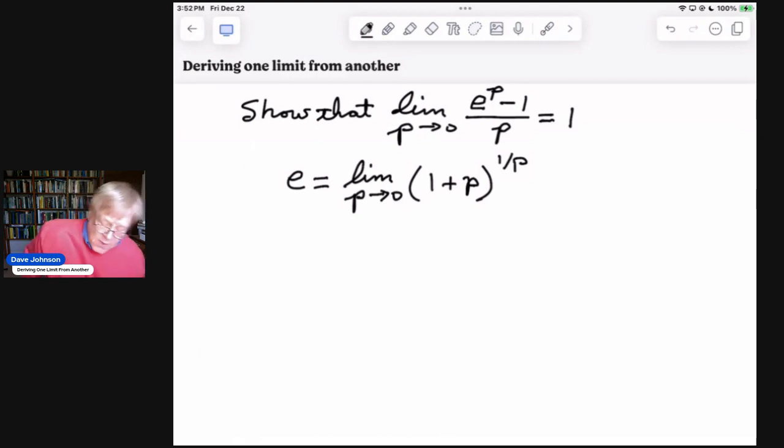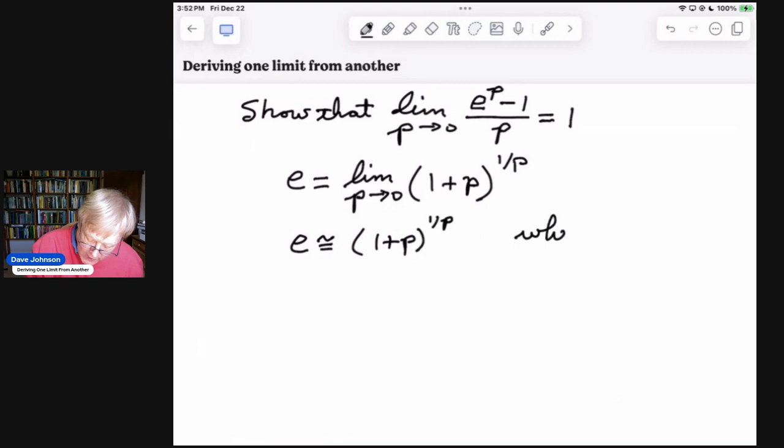So now what's the idea behind this method? Well, we're going to say that e is approximately equal to 1 plus p raised to the 1 over p when p is small. Now, when I say small, you might ask, how small is small?